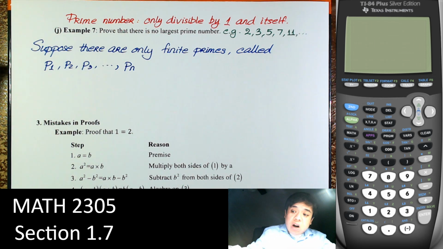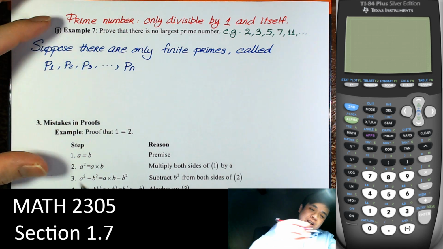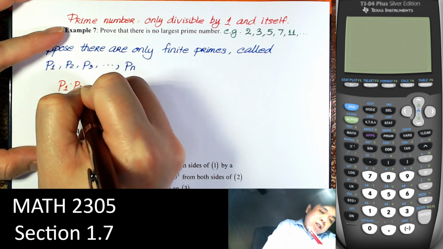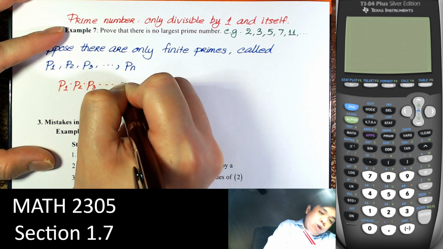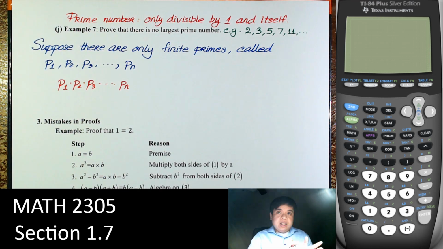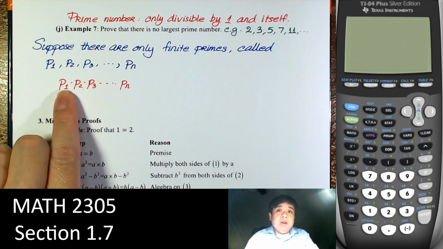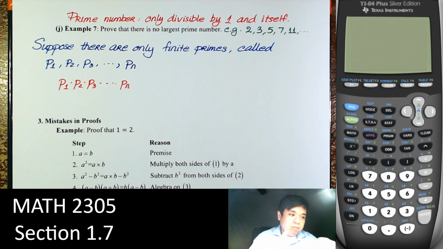Now we construct this. So this is a proof not by contradiction, but more like a construction proof. Here we take P1 times P2 times P3, all the way to Pn. This number is divisible by P1, divisible by P2, divisible by P3, and so on.